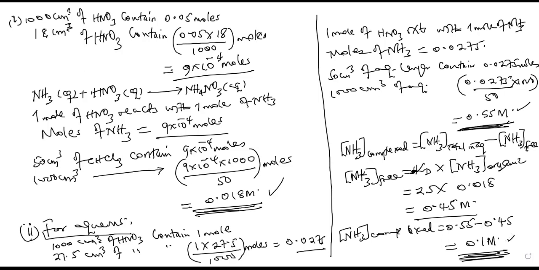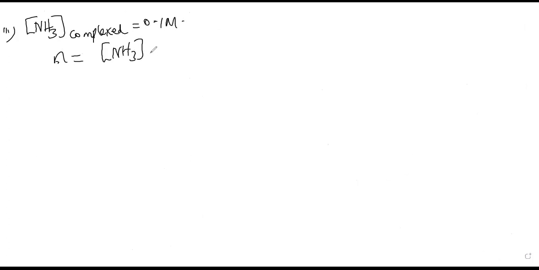So remember, doing part 3, the concentration of ammonia that forms the complex, we've gotten as 0.1 molar, but they need the value of N, which is gotten from the concentration of complex ammonia out of the concentration of the metal ion. In this case, it is M+.